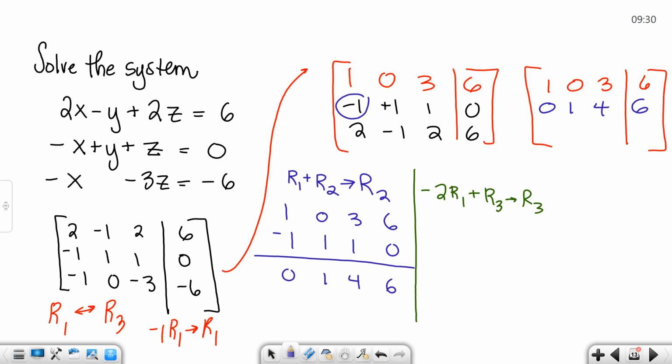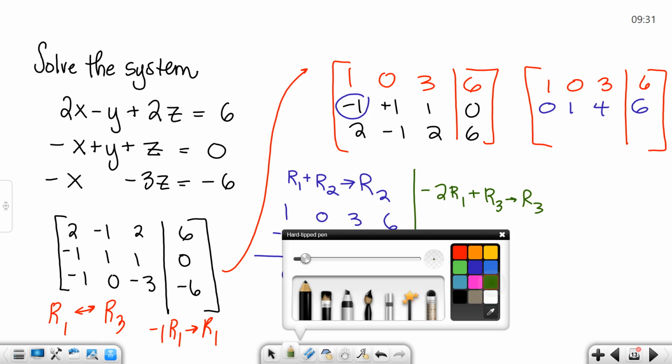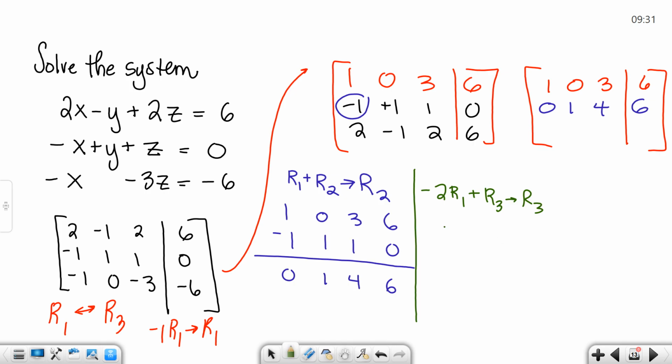Okay, row 1 plus row 2 gives me a new row 2. Okay, so then I'm going to say -2 times row 1. We'll add that to row 3.